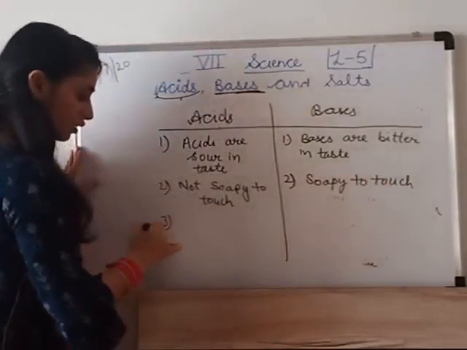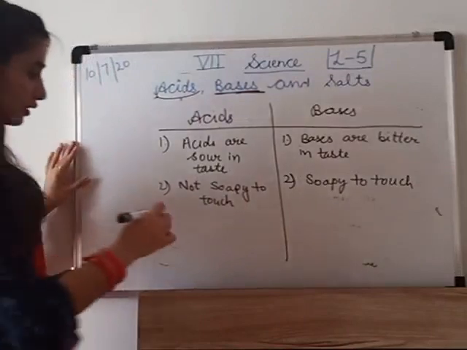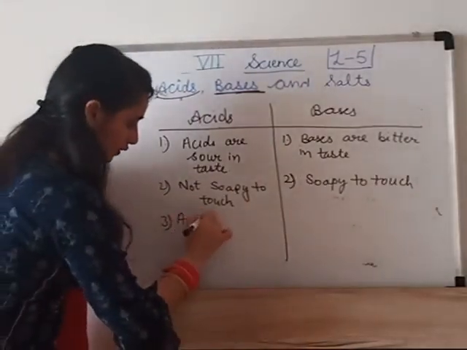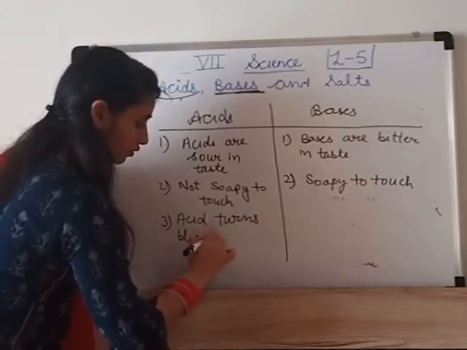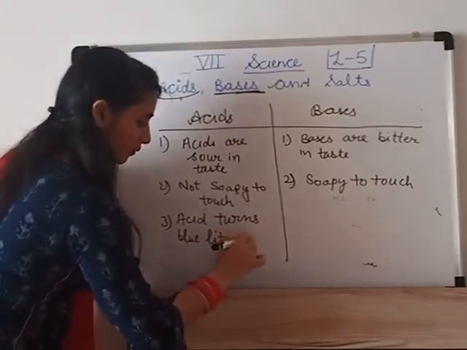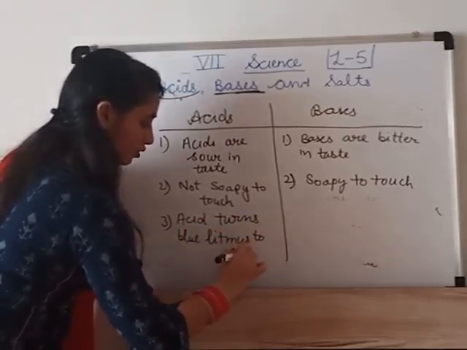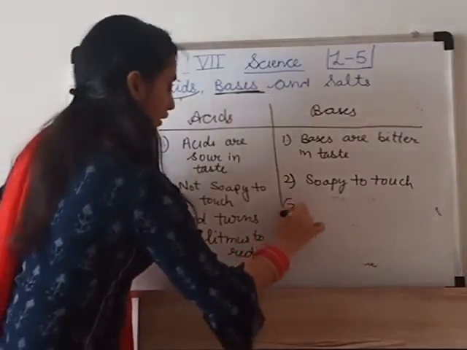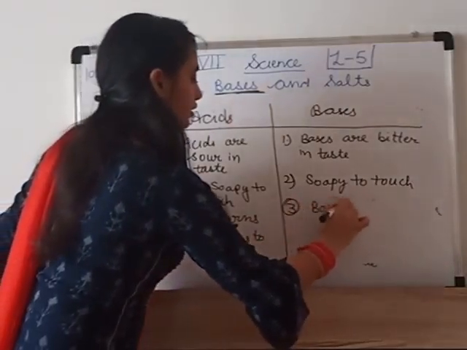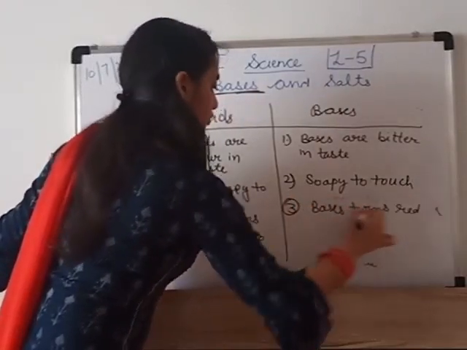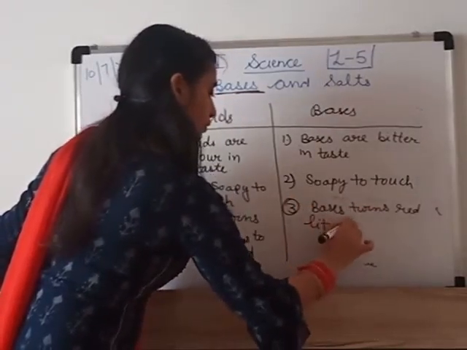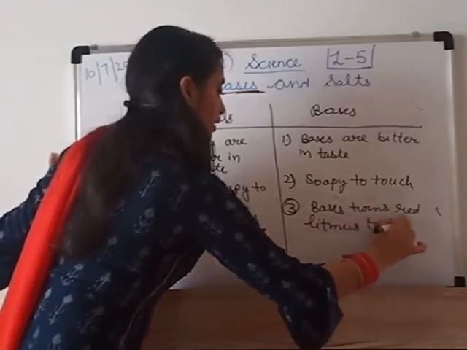The last one is important: acid turns blue litmus to red, and bases turn red litmus to blue. Understood?